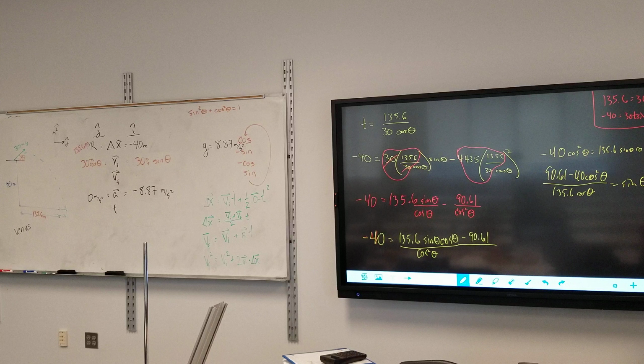Square both sides. Sine squared theta, what is that in terms of cosine? 1 minus cosine squared theta. So this will be equal to 1 minus cosine squared theta. And this, you'll have a cosine to the 4th power.